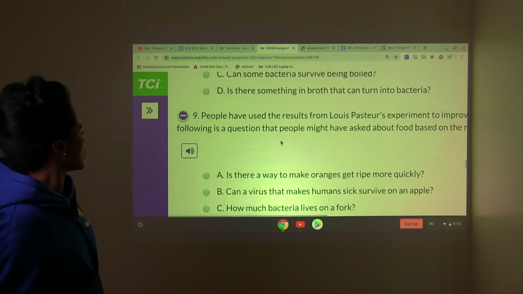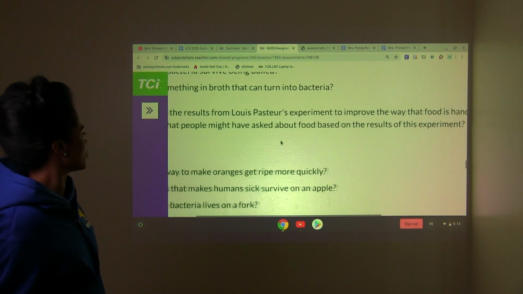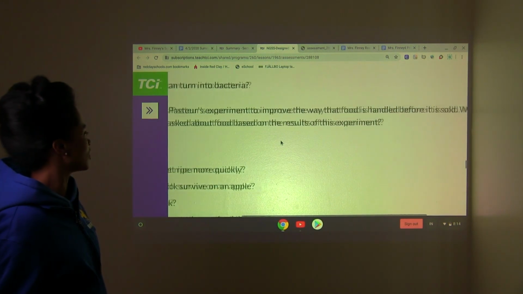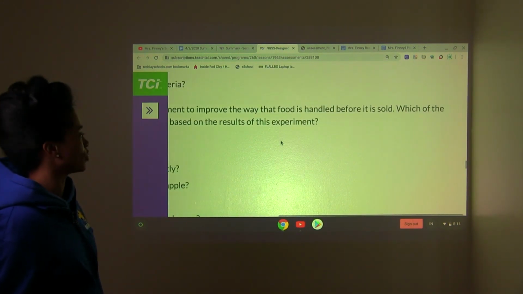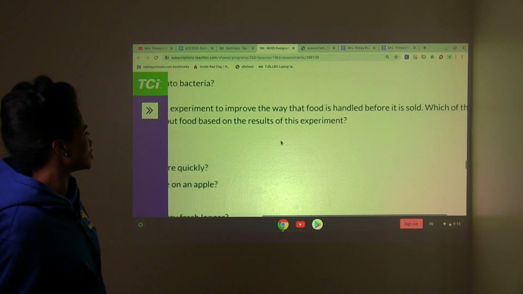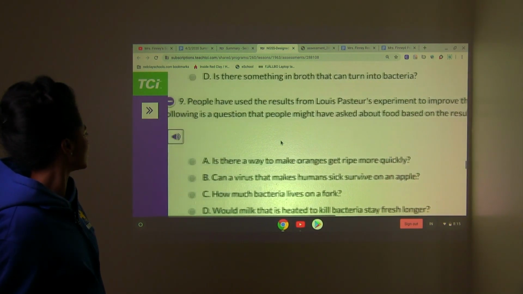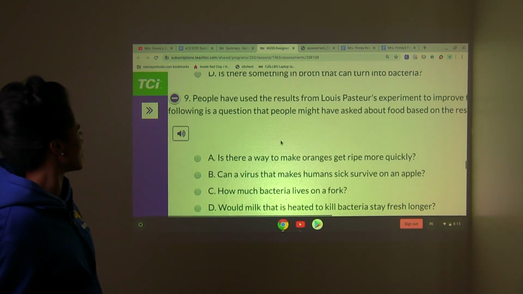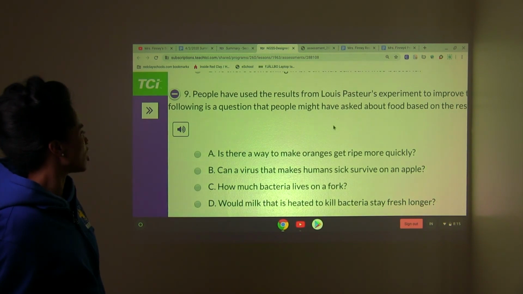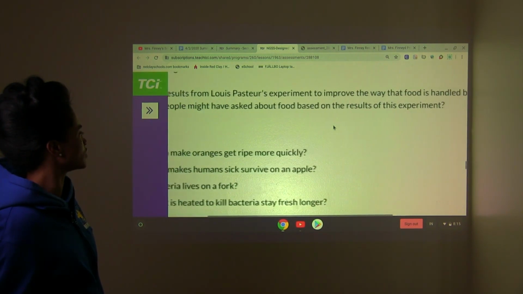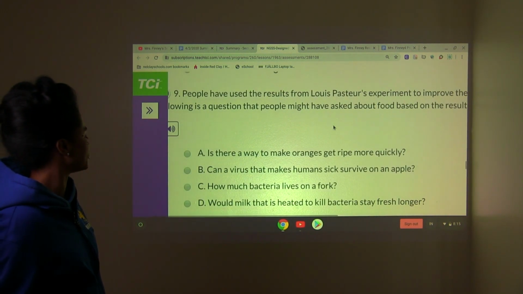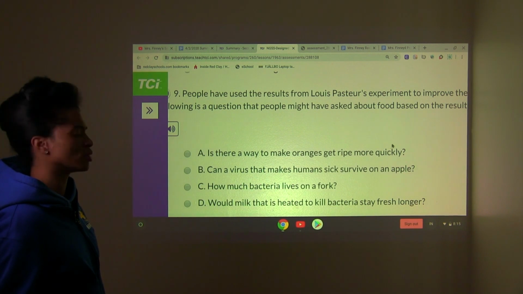People have used the results of Louis Pasteur's experiment to improve the way that food is handled before it is sold. Which of the following is a question that people might have asked about food based on the results of this experiment? A, is there a way to make oranges get ripe more quickly?